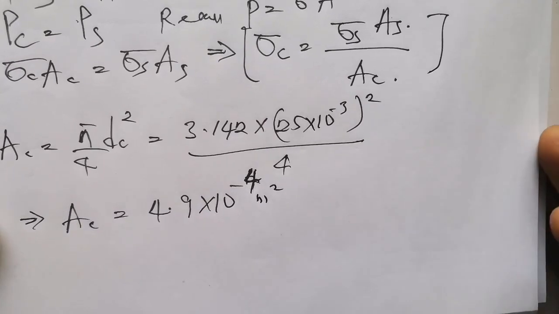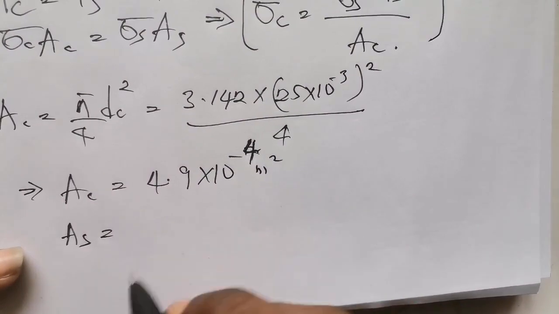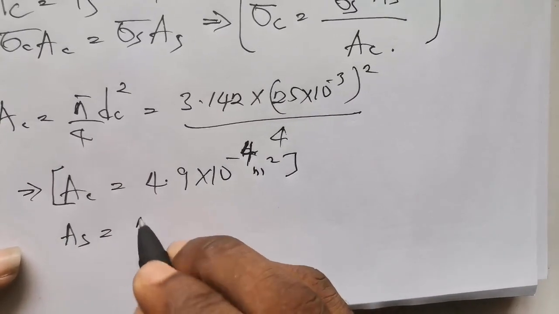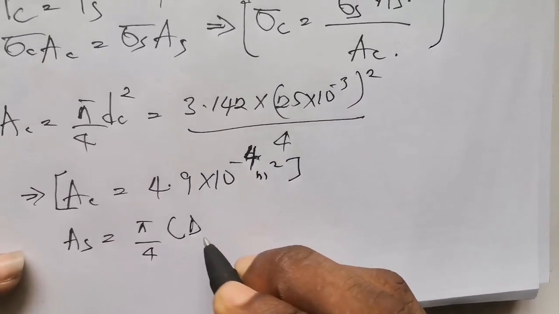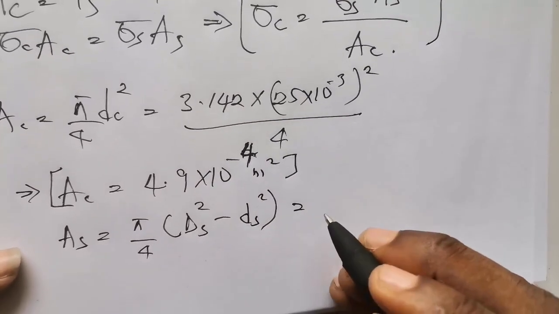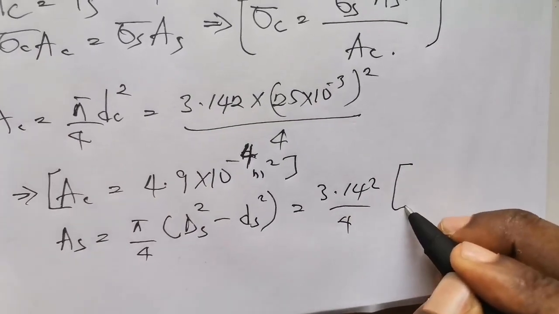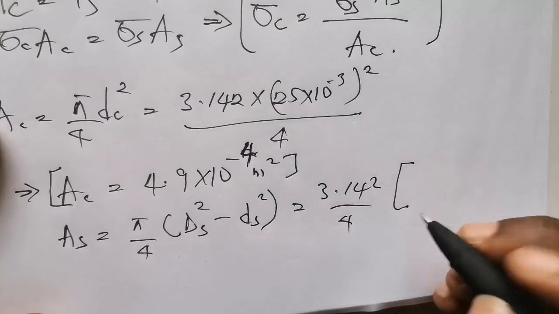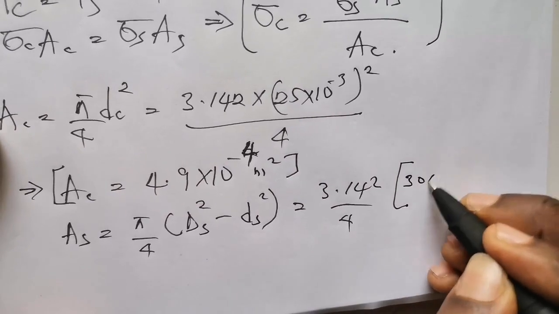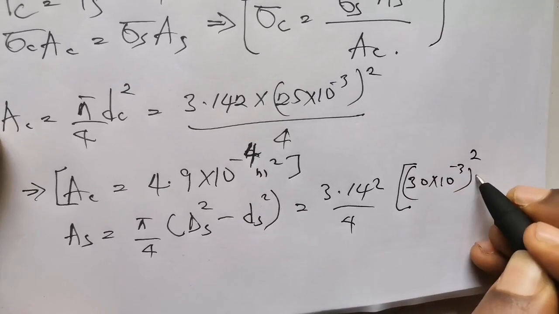Since it has both, area of steel is simply pi over 4 times the external diameter of steel squared minus the internal diameter of steel squared, and this is equal to 3.142 divided by 4 into the external diameter, given as 30 millimeter, which is 30 by 10 to the power of minus 3 all squared.